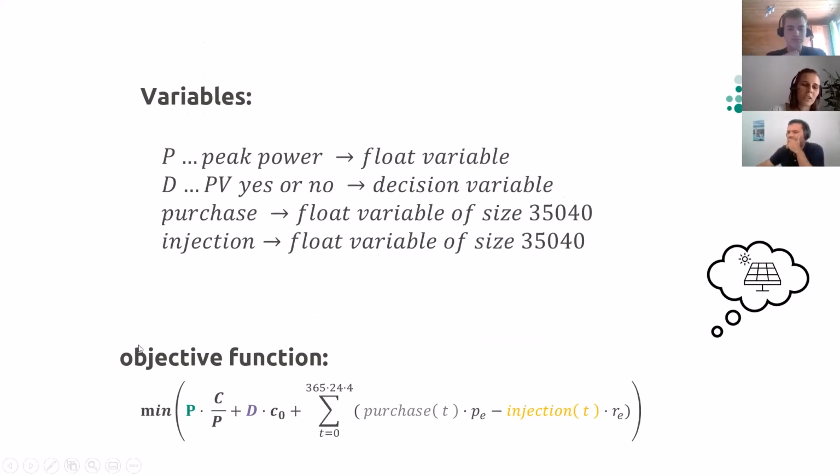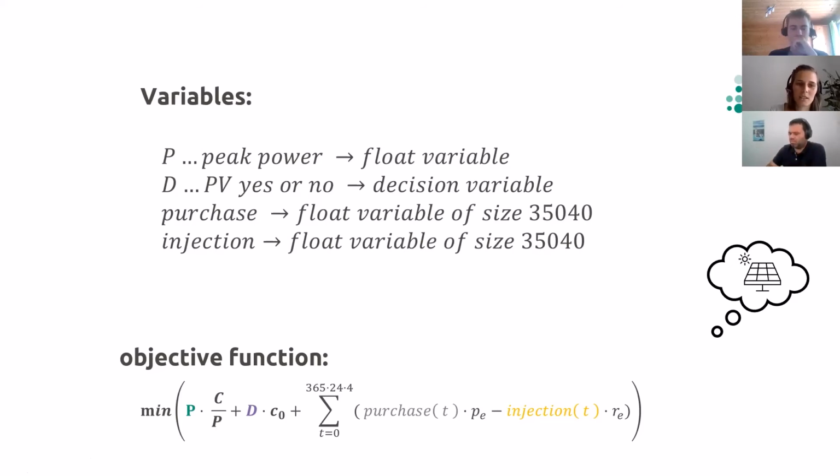Good, so for the example of the house and the PV panel, I summarized here which variables we have. We have one float variable, which is the peak power. It describes the size of the PV panel. D is the decision variable, which says yes, we buy a PV panel, or no, we don't buy it, it's not worth it.